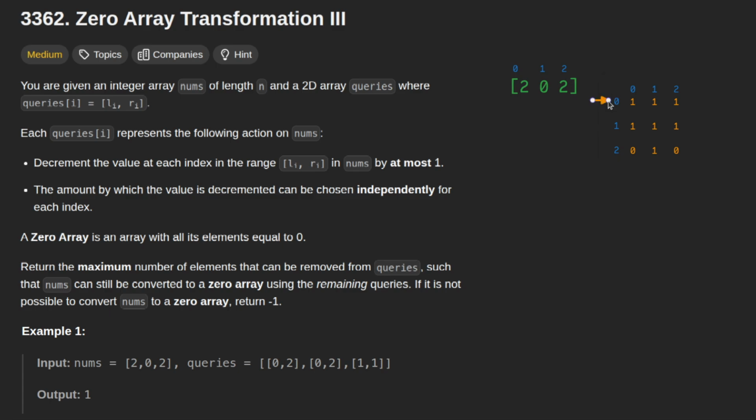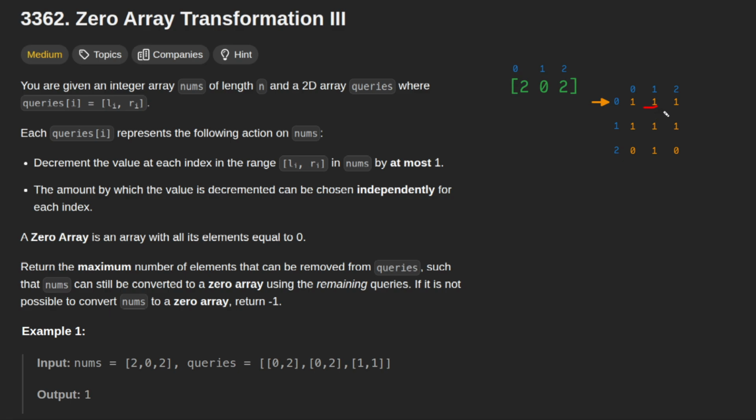While performing the operation I can either subtract a 1 from this 0 index. You can see that the indices are the same here: index 0 is this and index 0 is this. So at most I can subtract 1. So can I subtract 1 from 2? Yes.